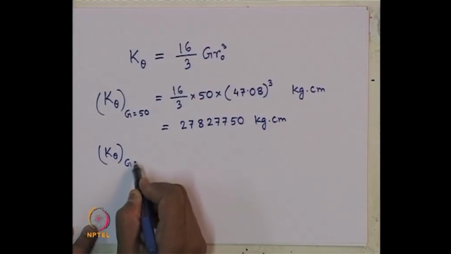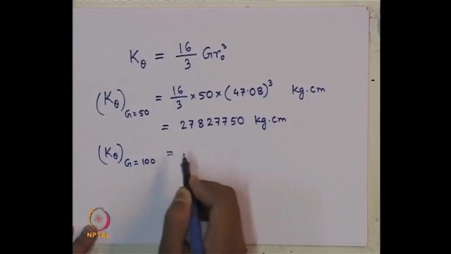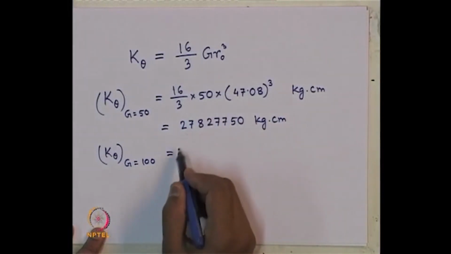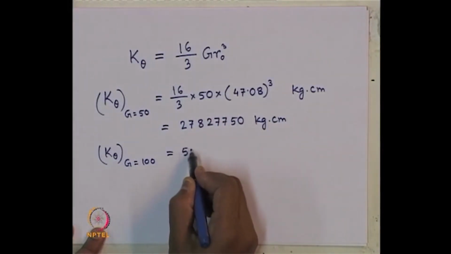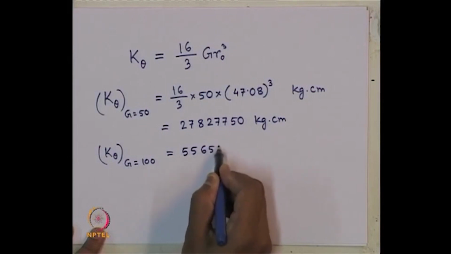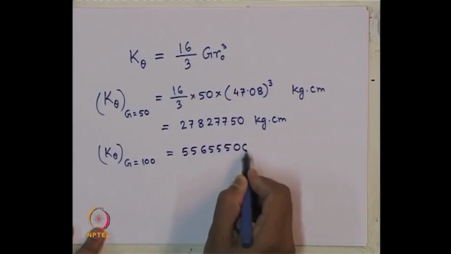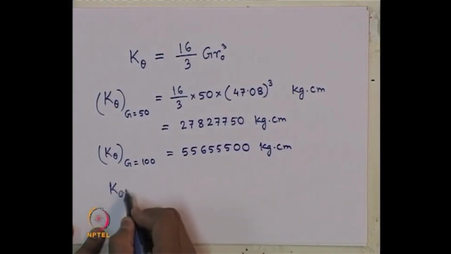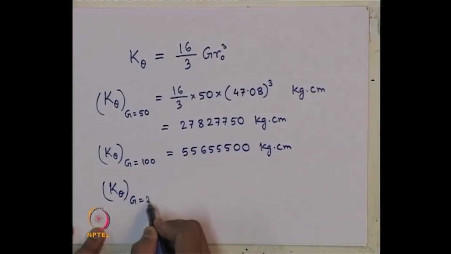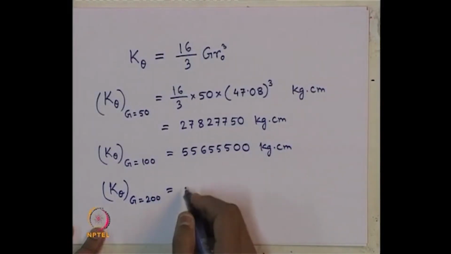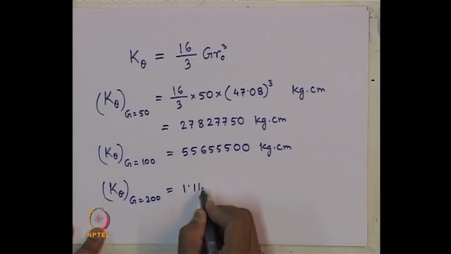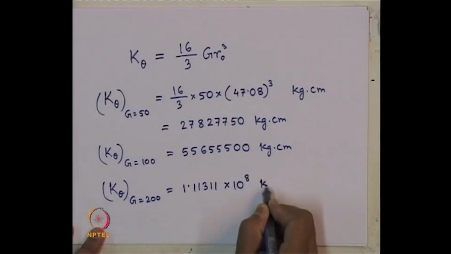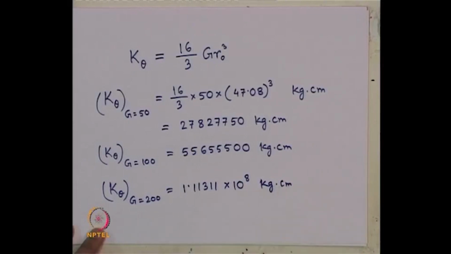Similarly, for the other 2 types of soil, they are linearly related to G. So, this will be double of this, 5565500 kg centimeter, and k theta for G equals 200 will be double of this. So, 1.11311 into 10 to the power 8 kg centimeter.